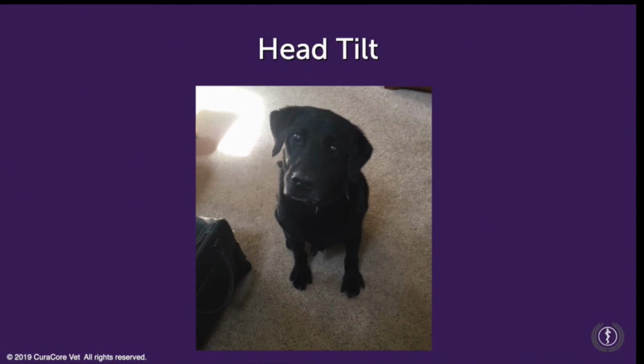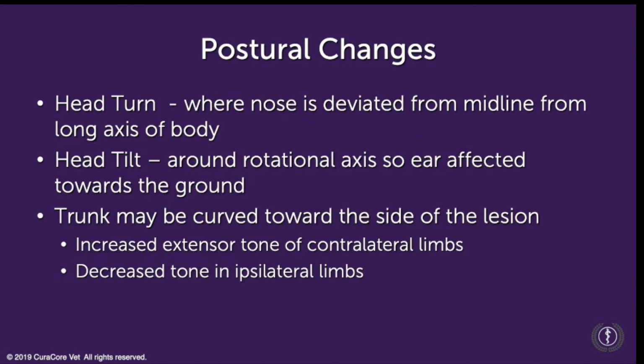And a head turn is where the nose deviates from the long axis of the body. And as I mentioned before, the trunk can be curved to the side of the lesion because it's lost that extensor tone input from the vestibulospinal tracts, and can have increased extensor tone on the opposite side.